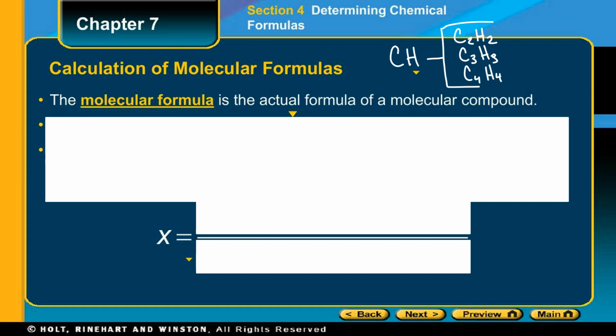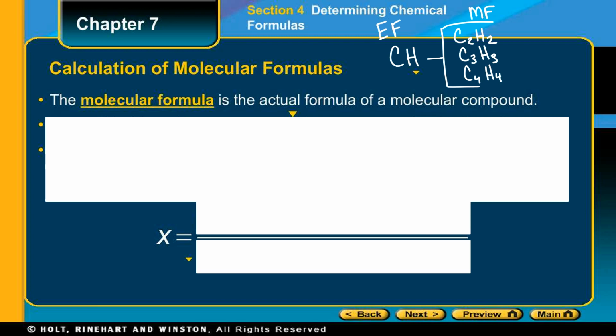So this is an empirical formula, and that's a molecular formula. A molecular formula tells us what's actually there, whereas an empirical formula tells us what elements are involved and the ratio that those elements are to each other.